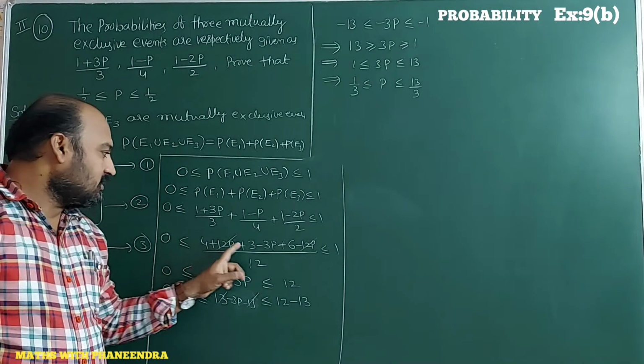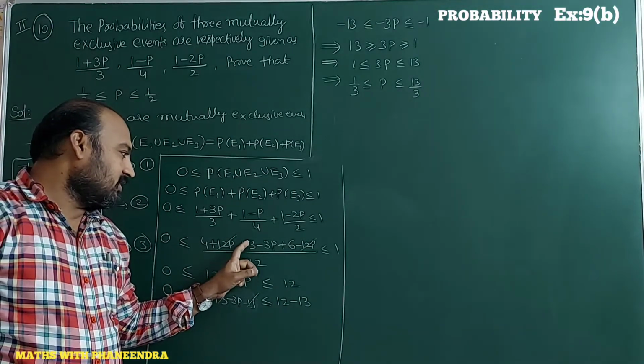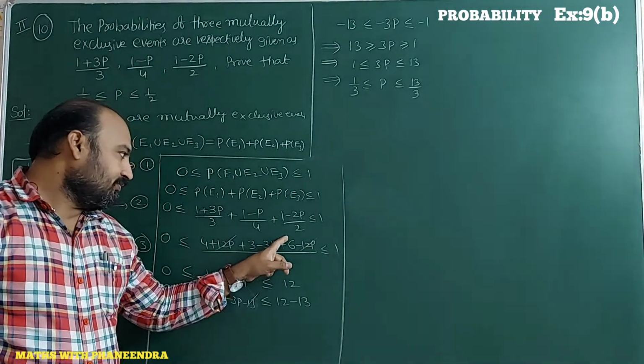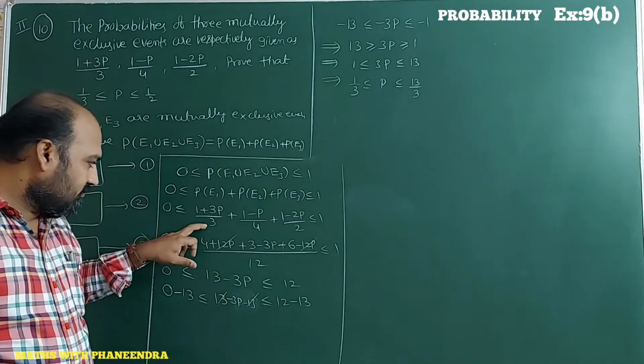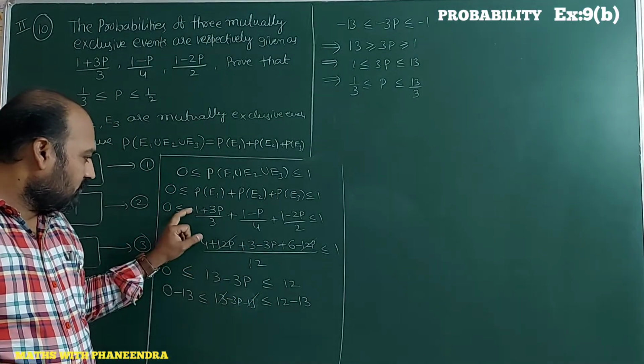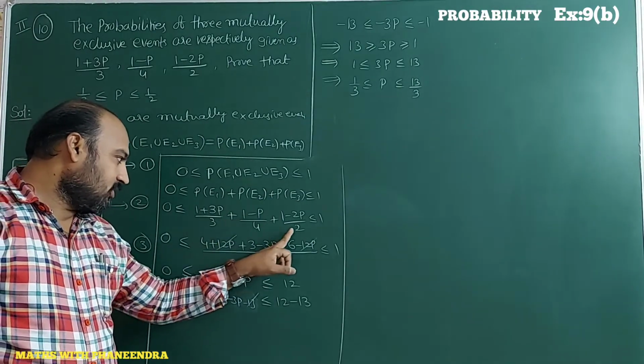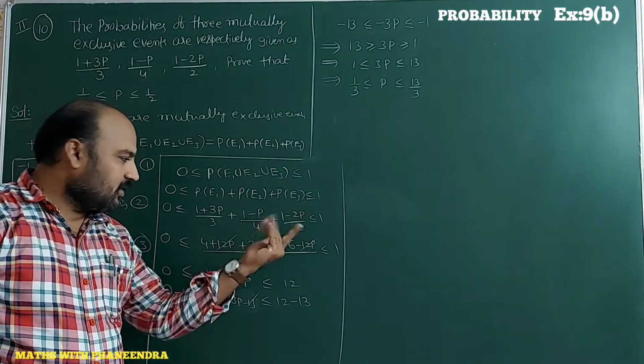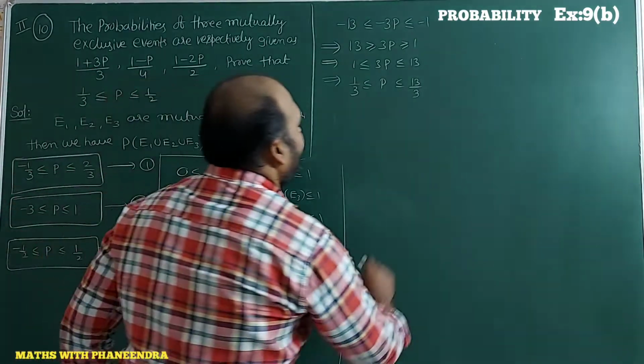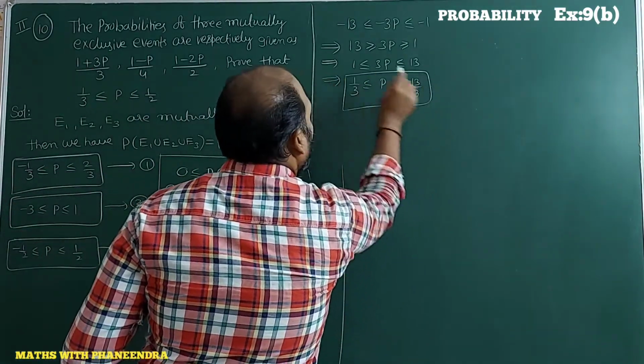So here 4 plus 3, 7, 7 plus 6, 12. Is there any pending value here? 4 plus 4 3s are right. 3 minus 3p, 2, 6, 6 minus 12p. Yes, correct. So equal to 12. So this is also one of the values.